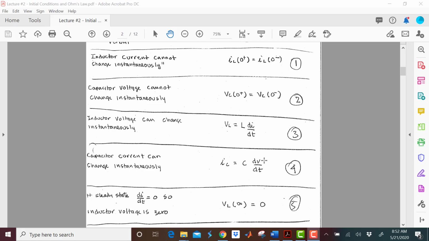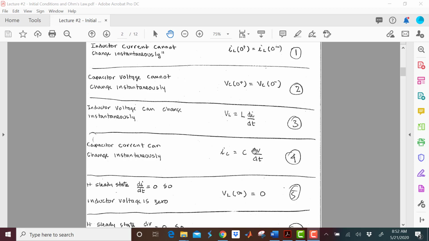So what this kind of shows you is dV/dt can change instantaneously because it's equal to just I_C over C. But V cannot change instantaneously. Just like here, di/dt can change instantaneously. It's equal to just V over L, but the current can't change instantaneously.